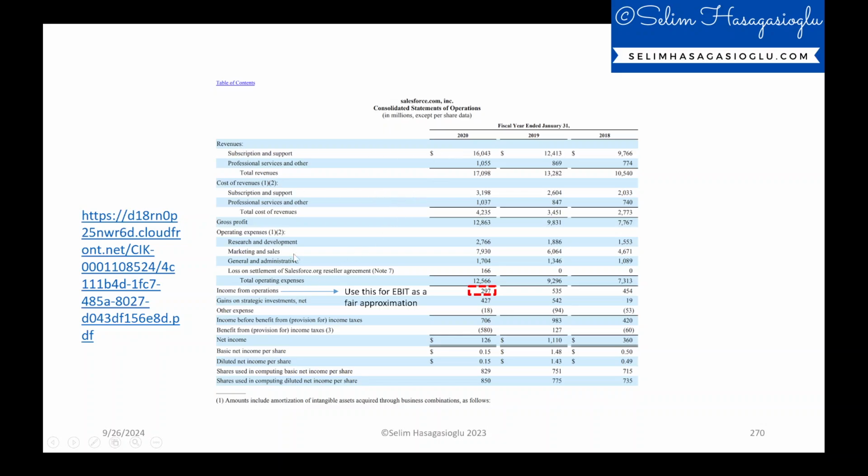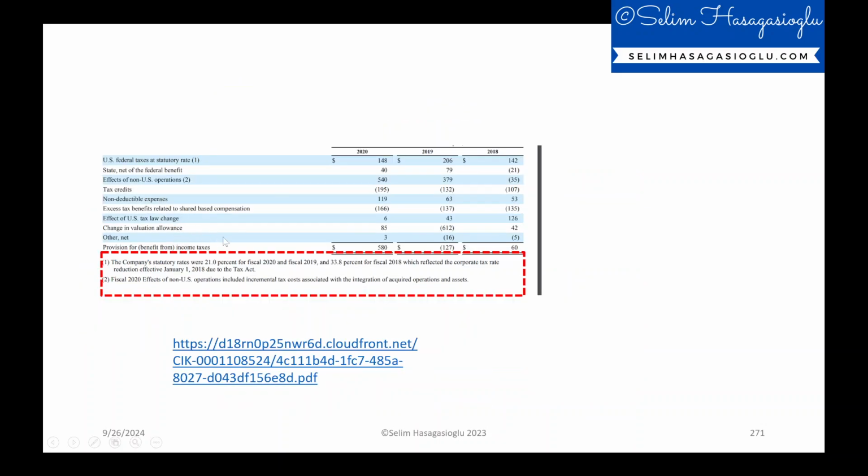You will be using total revenues and the income from operations, and you will use this value for EBIT as a fair approximation. And of course, we need the tax rate, and for the statutory rate, again, I am using 21%, even though the company might have paid fewer taxes throughout all these years.